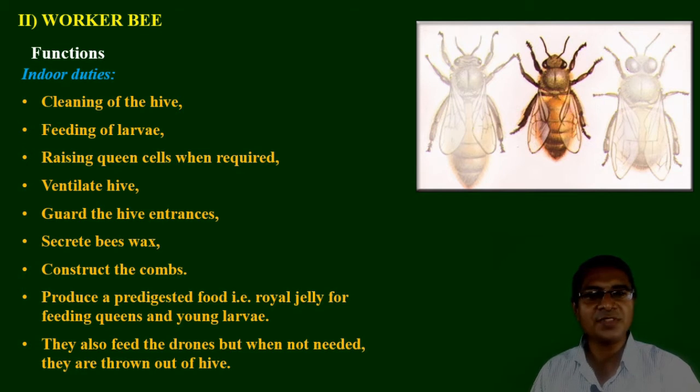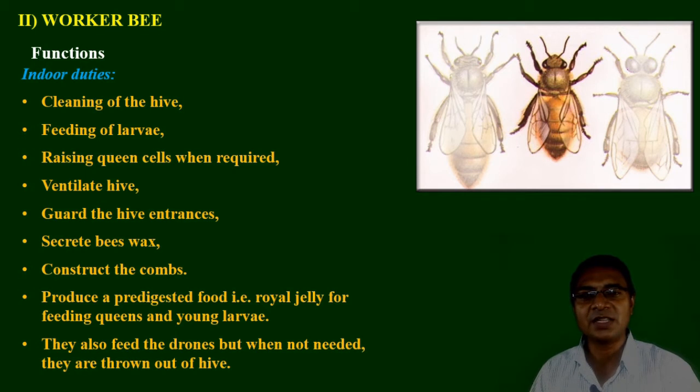Cleaning of the hive, then feeding of the larvae, all the larval forms, especially the drone, worker larvae as well as the queen larvae. Raising the queen cells when required, as per necessity, the new queen cell prepared with the instructions of the queen.